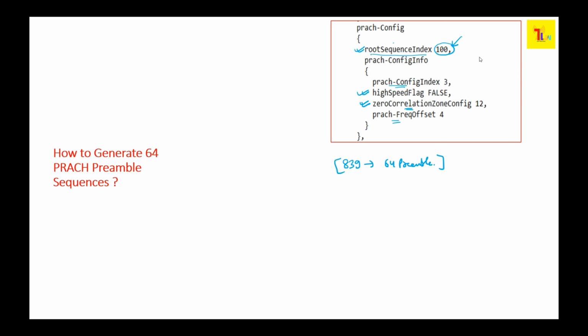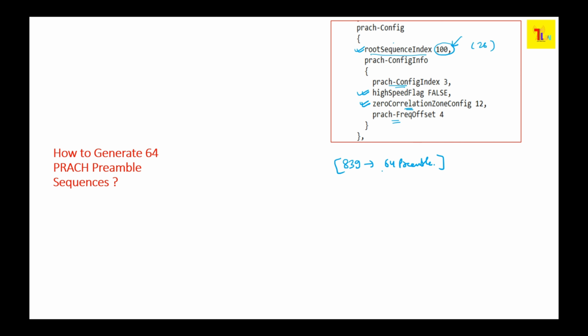Root sequence index, you can consider the base sequence. Or, as an example, root sequence index is nothing but your alphabet. There are 26 alphabets, and all the preambles, the 64 preambles we are talking about, are the words.